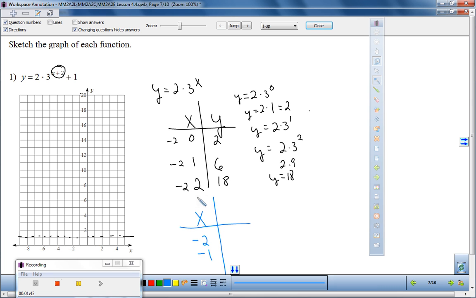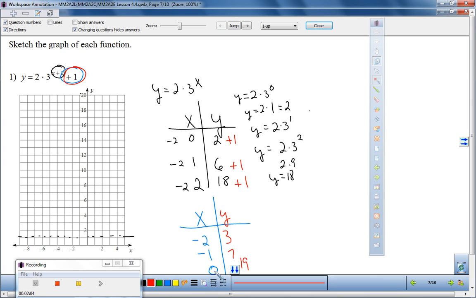The -2 and 2 gives us 0. Okay, now the 1 here is going to move everything up 1. So I add 1. So now we're at 3, 7, and 19.